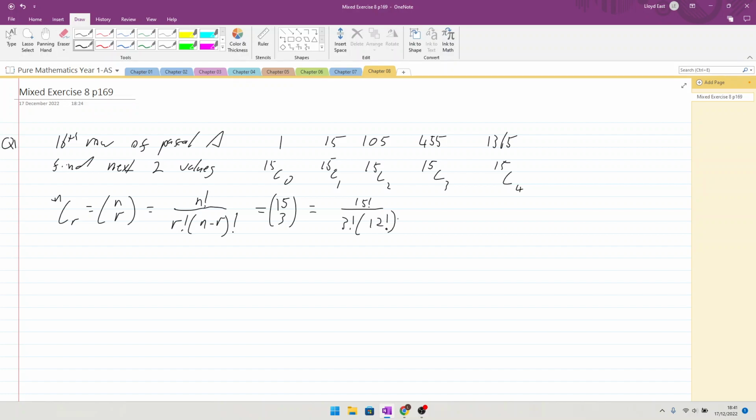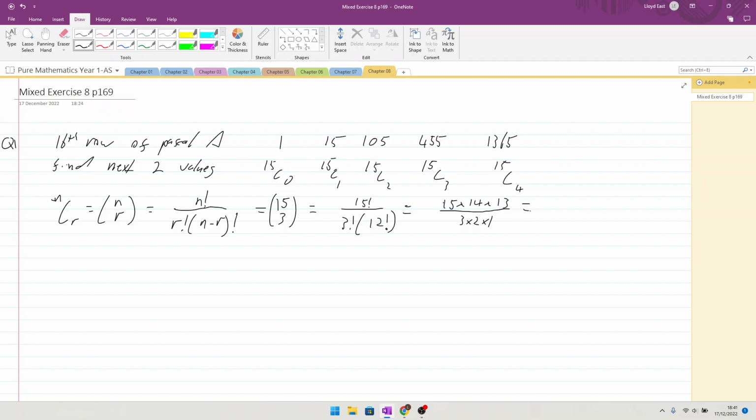Now when that's all said and done, we are going to end up with 15 times 14 times 13, because the 12, 11, 10, 9, 8, 7, 6, 5, 4 would have all cancelled away with the 12 factorial, all over 3 factorial, which is 3 times 2 times 1, basically 6.